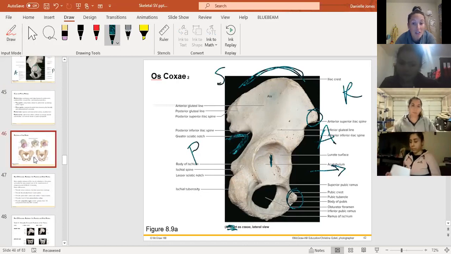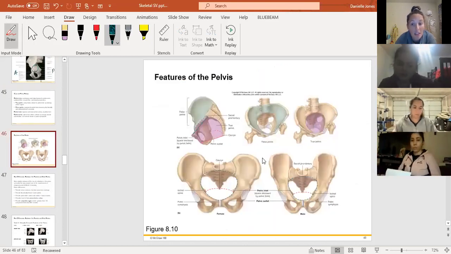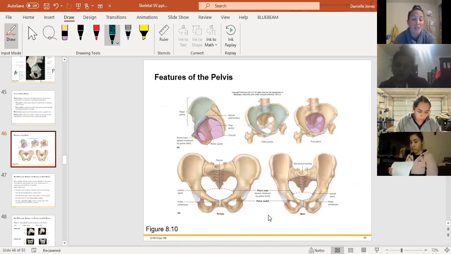In the PowerPoint, there's this really cool differences of male versus female. I wish I had time to talk to you about all of it. Basically, it's just a few structures. Biggest one being that this outlet and inlet have to be wider in order for the fetus to be able to pass through.